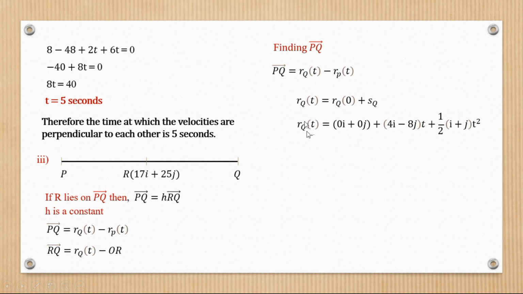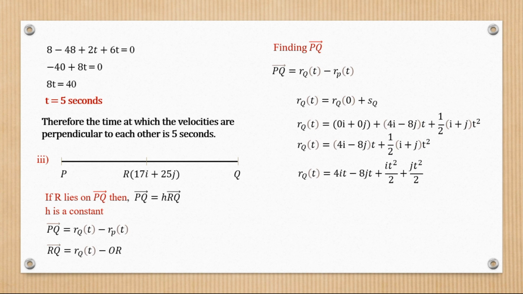So at point Q, as you can see right there, I'll have 4i minus 8j as u, times t, plus a half times the acceleration, which is i plus j, times t squared. So this is what I end up having after solving.